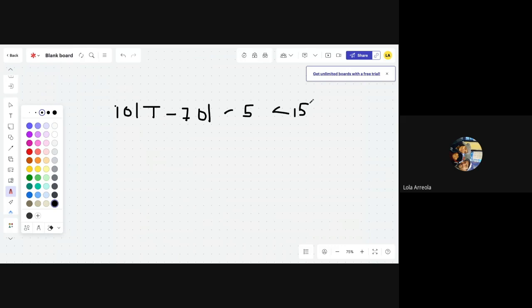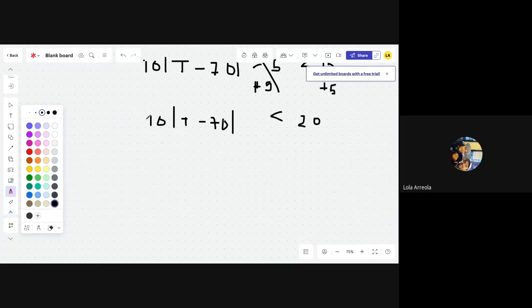Okay. So again, my goal is to isolate the absolute value. So right away, I could take away this 5. So add 5 to both sides. So now I have 10 times t minus 70, it's less than 20.